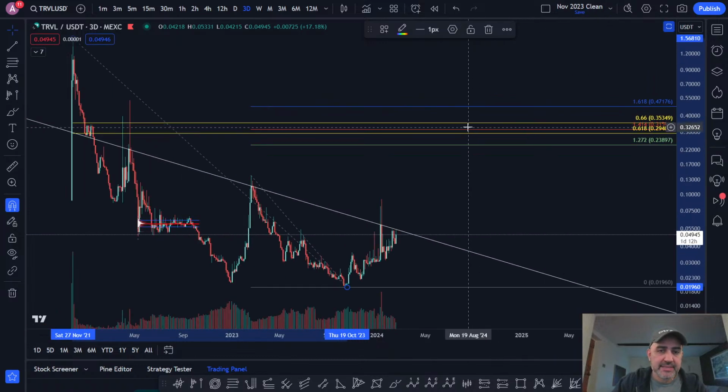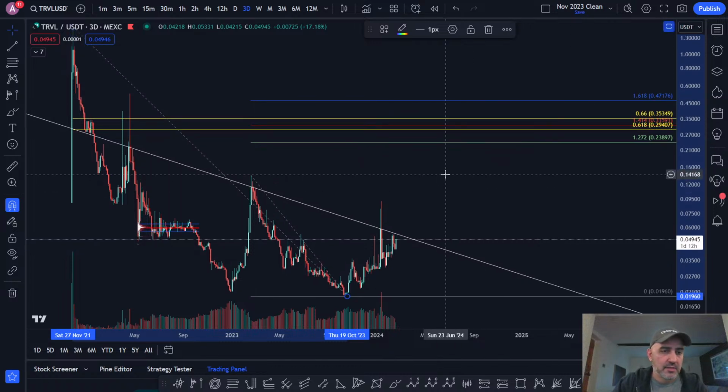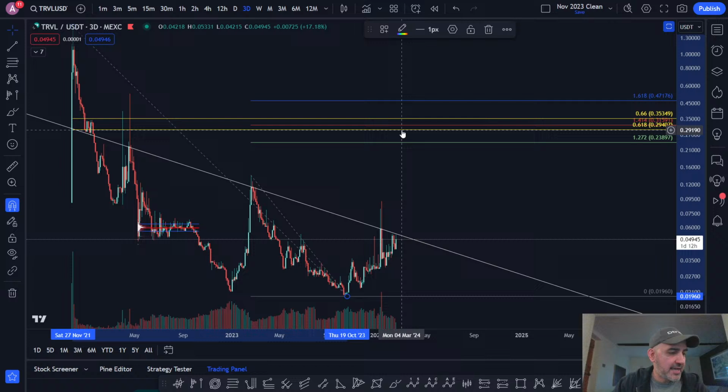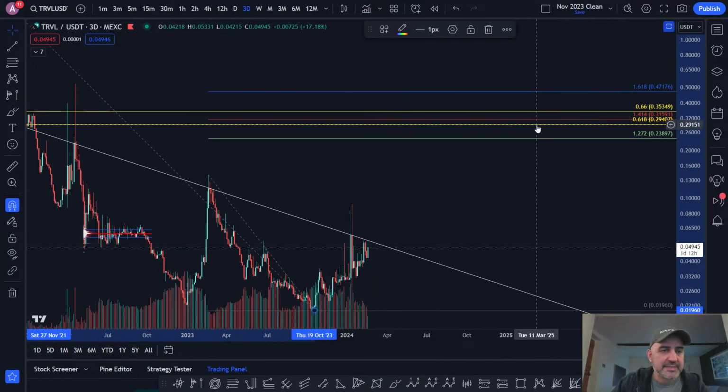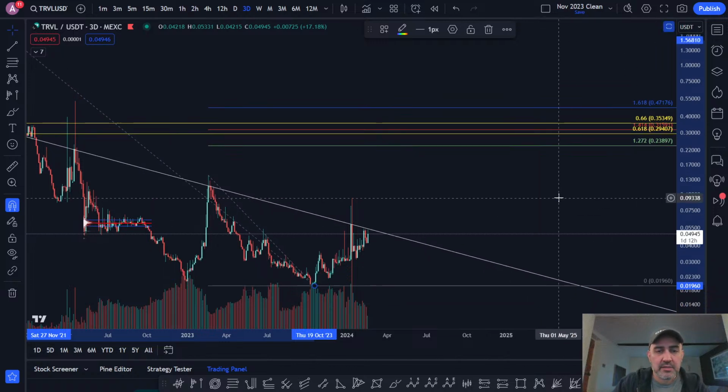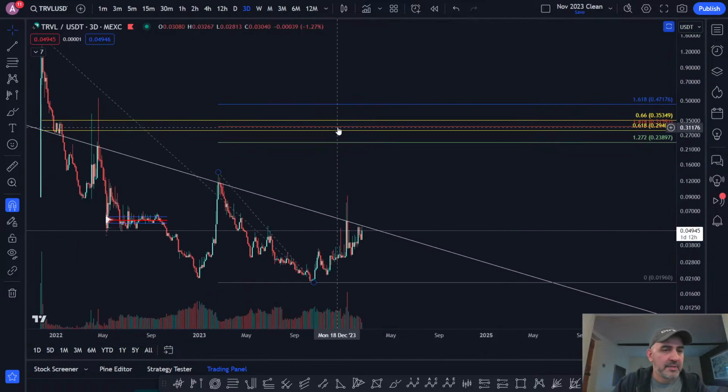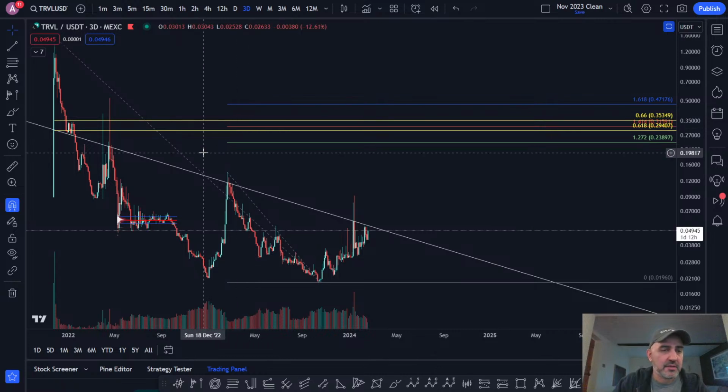So you see that there's really strong resistance. Can you see that? There's really strong resistance at about 30 cents, because that's the golden pocket of the overall range.